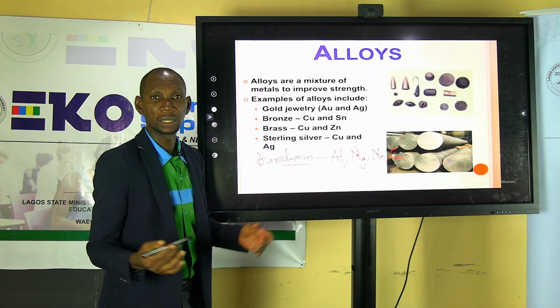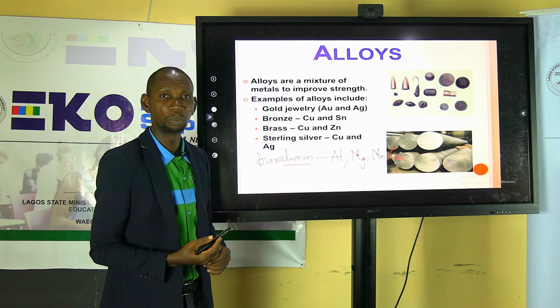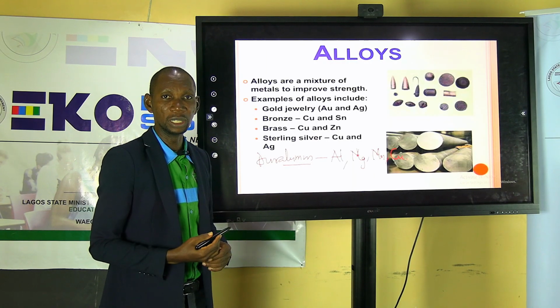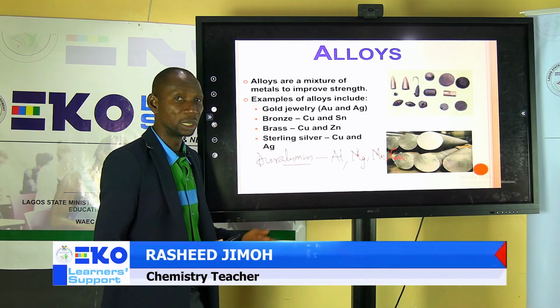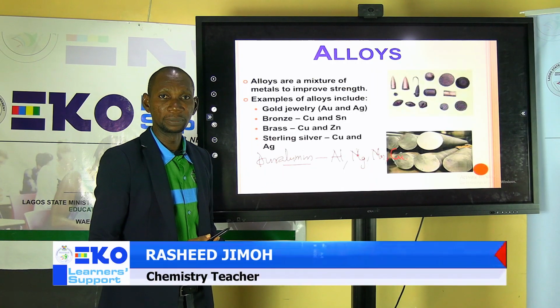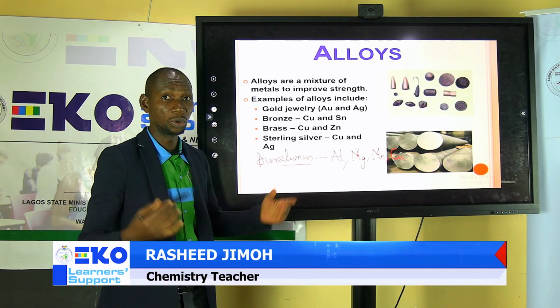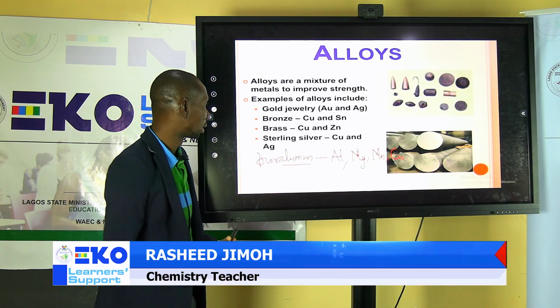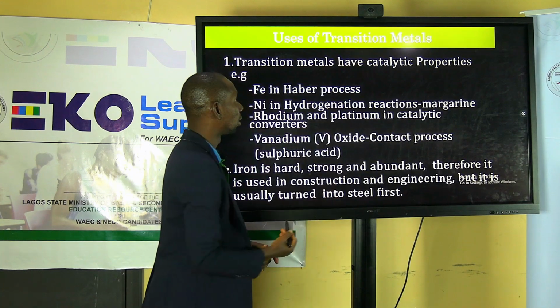There are 4 metals that are mixed together to form duralumin. Duralumin is very important in the aerospace industry. The bodies of aircraft are actually made with this special alloy, because it is very, very light, and you know aeroplane has to be light. So that is for the alloys.